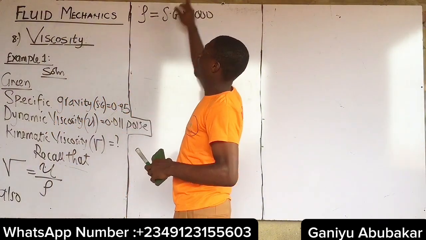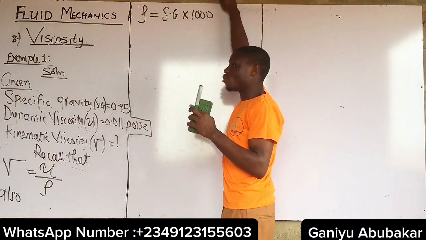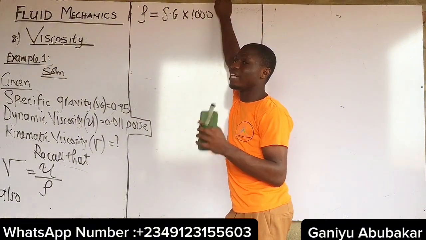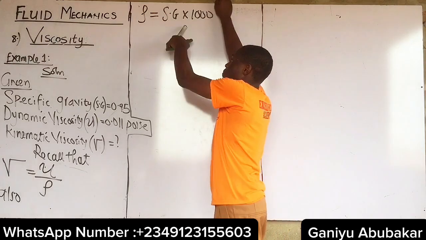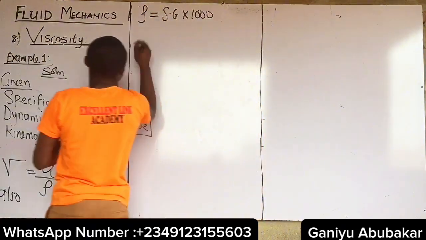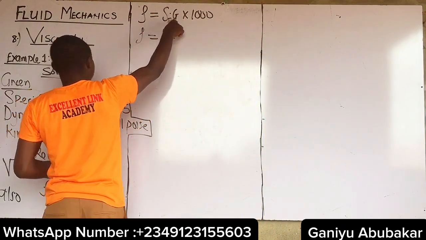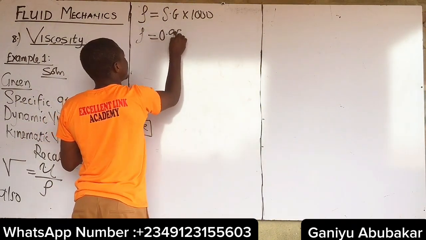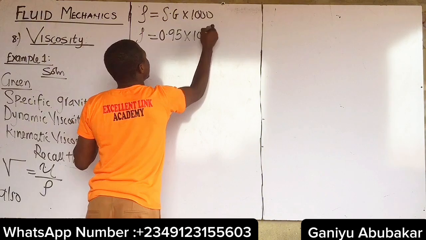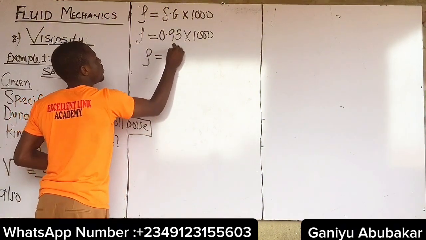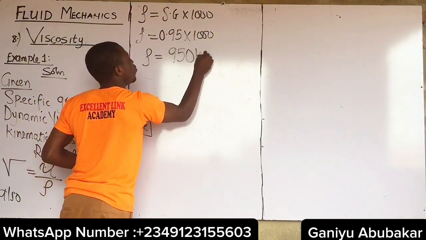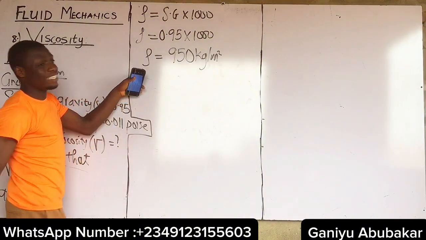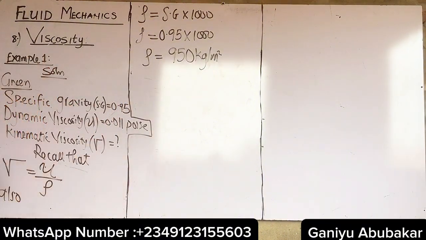This was derived in our first class of fluid mechanics, when we discussed the relationship between specific gravity and relative density. So mass density, rho, is equal to 0.95 times 1000. This will give about 950 kilogram per meter cubed as the answer for mass density.